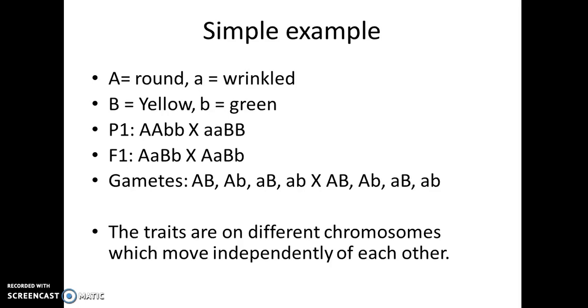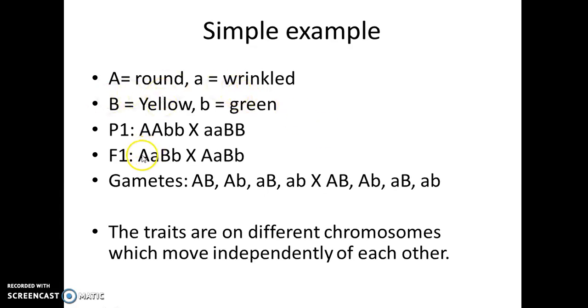Dihybrid, two heterozygous. The gametes, you have to figure out the gametes because that's probably the most important step in figuring out your Punnett square. Remember, you can only get one trait for seed form, and one trait for seed color from each parent. So when they combine, you'll get two genes for seed form and two genes for seed color. So what are the different possible gametes that you can have?